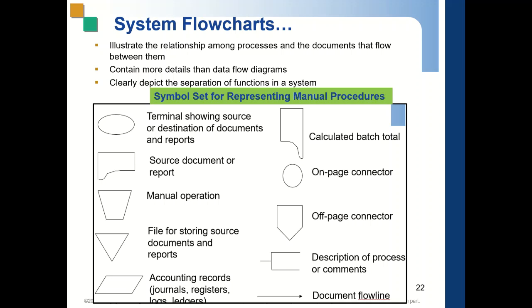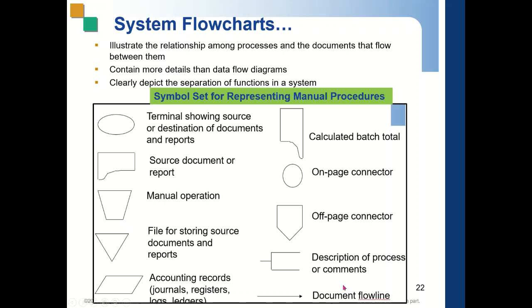So when talking about system flowcharts, here are the symbols that you will be using to represent things within your system. For instance, that is how you would capture a manual operation. That is how you would represent a source document, and document flowing, and how you would represent accounting records.